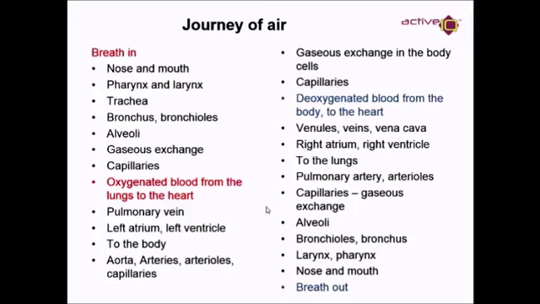And then in reverse, really, the capillaries will transfer out that deoxygenated blood into the alveoli, and it will be breathed out through the bronchioles, the bronchus, the larynx and the pharynx, the nose and the mouth, and we'll breathe it out.